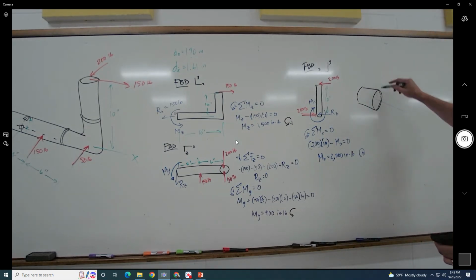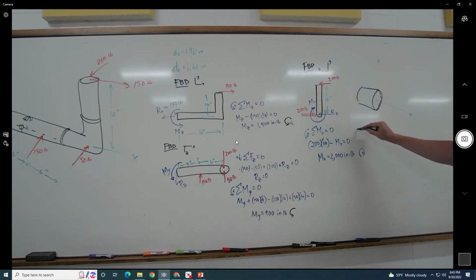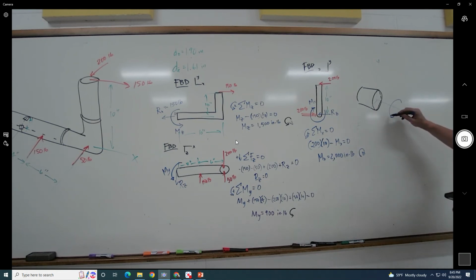Maybe I'm going to move the axes over to that right in there. So the torsion one, this was clockwise. So on here, it goes counterclockwise. And if you ever need to know, thumb points towards that way, right? And so this is going to be the 2,000 inch-pounds.